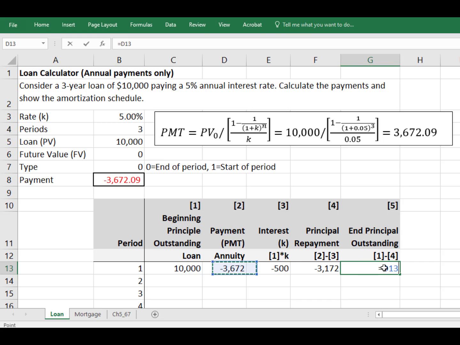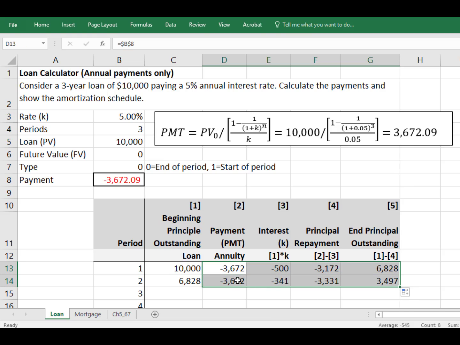And then summing up the beginning balance with this amount of principal that's paid off, we see that at the end of the first year, $6,800 is remaining. This becomes your amount at the start of the second year. So we're going to reference that. Okay. So now we've referenced each of these. If I've done it correctly, I should be able to simply drag this down.